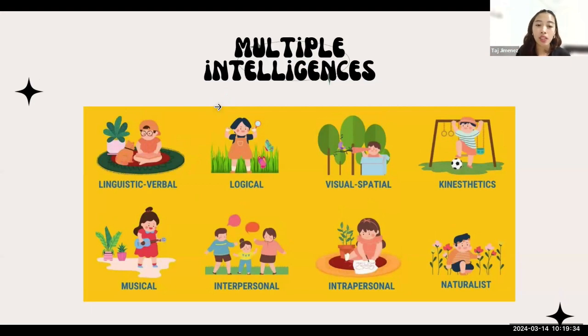They're probably linguistic verbal smart. And children who are logical, mathematically smart are able to show their reasoning skills in understanding quantities and qualities and are able to use them effectively around the world.